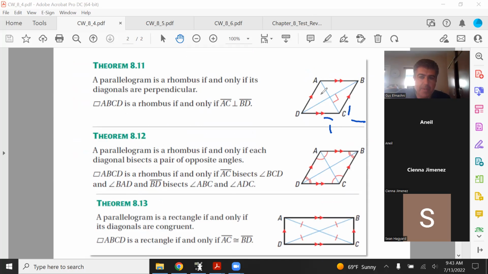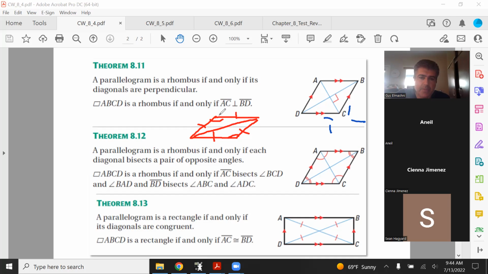If the diagonals are perpendicular, which would make sense because if you had this, these sides are the same, these sides are the same, these angles are the same, and you have a diagonal here. So obviously these triangles are congruent by side angle side, but also I could have done something like this. These triangles are also going to be congruent by side angle side.